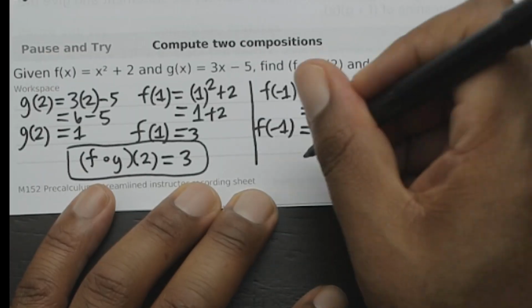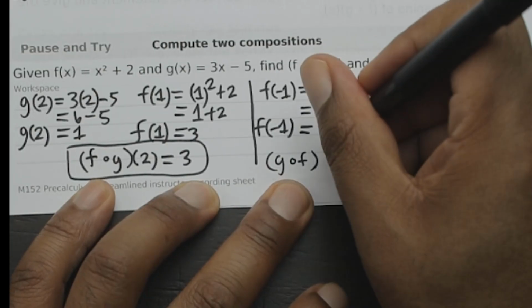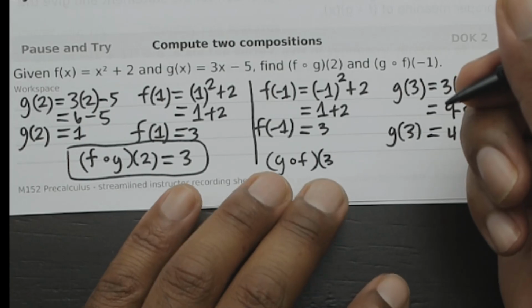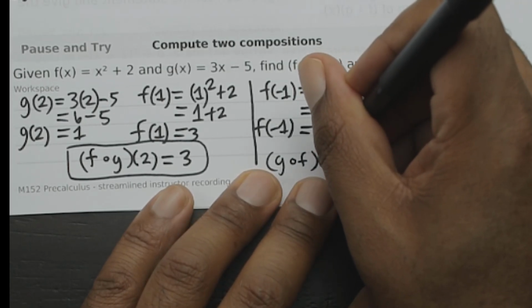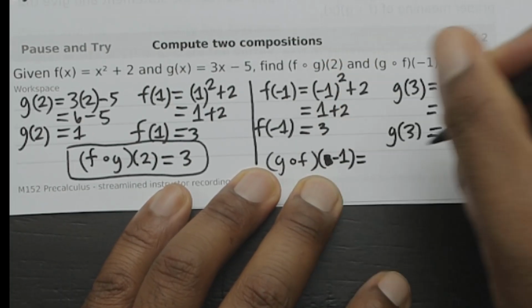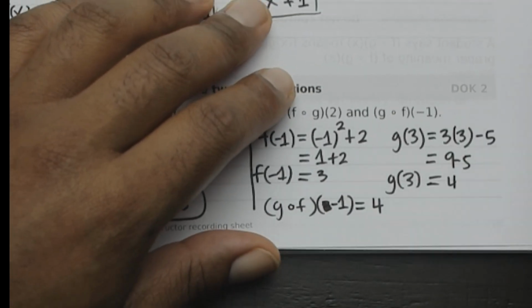This means that actually this should be -1. Okay, and that would be the final answer. So notice that the order again matters. The inside function determines what happens first. Okay, let's continue.